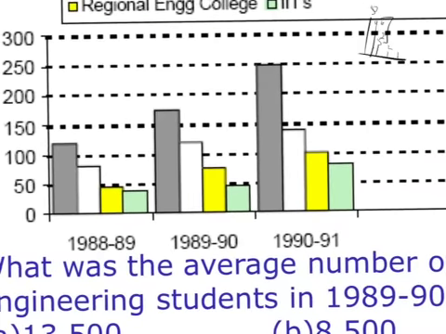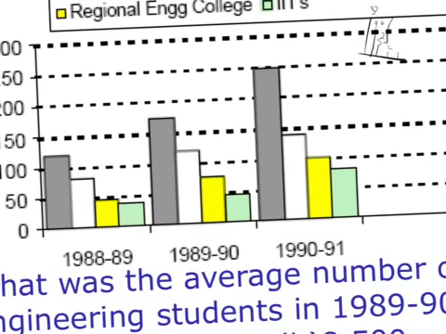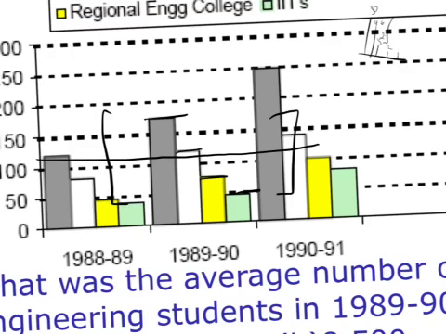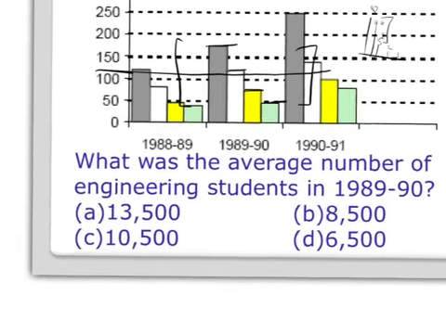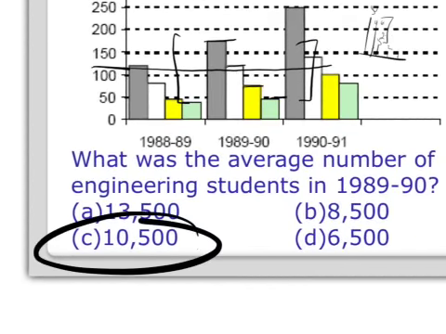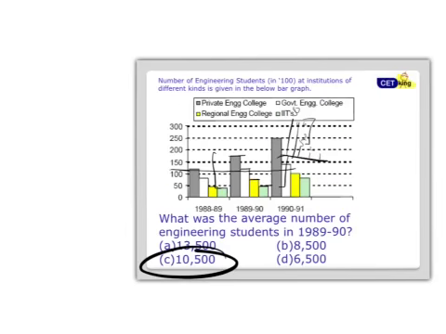Let's look at one more value. Now all these four are in this range. So if I try to visualize, the average has to be somewhere here, which is a little more than 10 into 1000, 10,000. So the answer is 10,500.